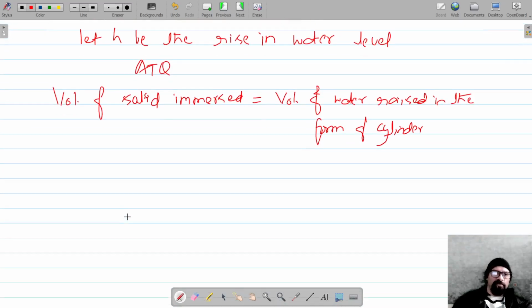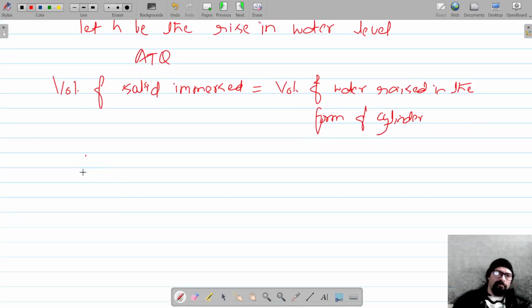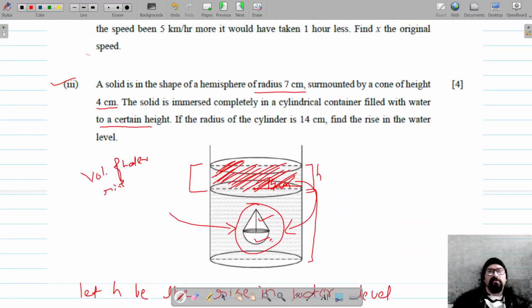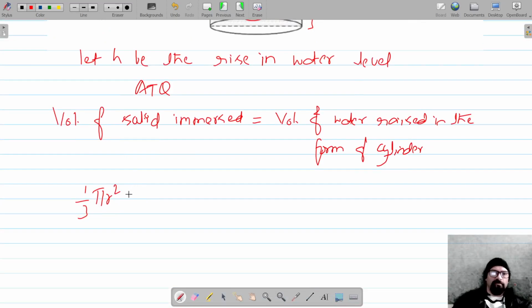So volume of solid immersed, the solid is in the form of a cone, so this is 1 by 3 pi r square h, h being the height of the cone. So height of the cone is 4 centimeters. Okay, let me write it here to make it more understandable.